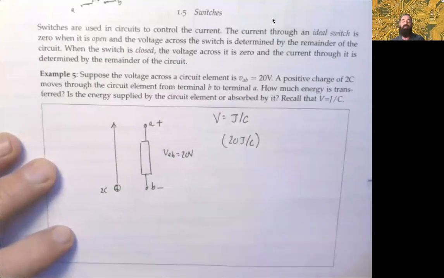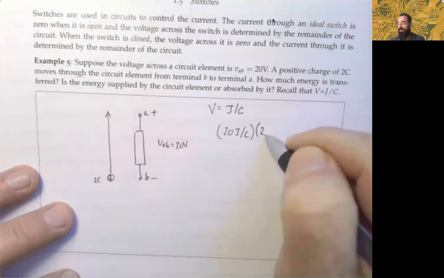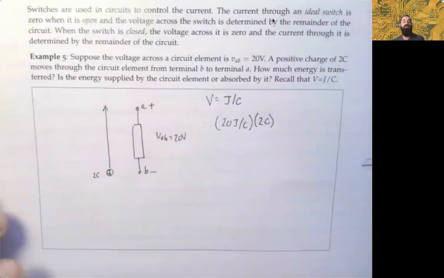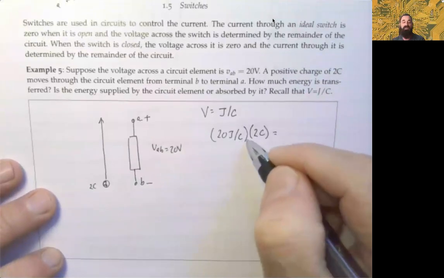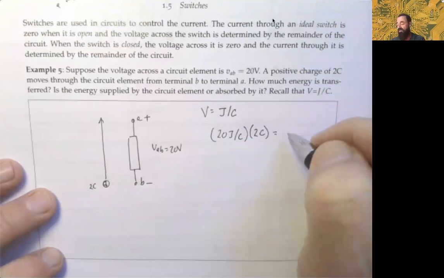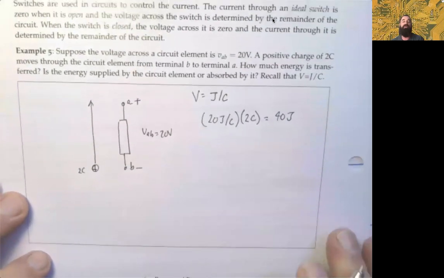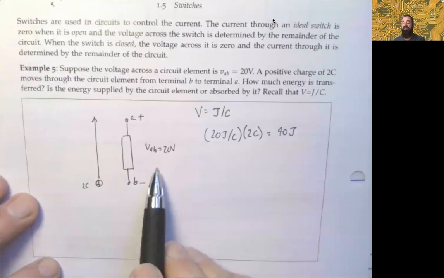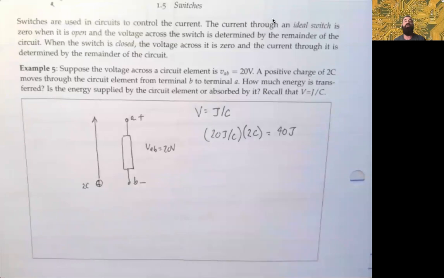And if we then multiply that by the positive charge being moved through the circuit element, which is 2 coulombs, notice the units of coulomb go away, and we really are transferring 40 joules, right? So the energy transfer rate is 20 volts, and we have 2 coulombs to transfer. Therefore, the amount of energy associated with that transfer is 40 joules, right? So it's just a simple product of those 2 terms.